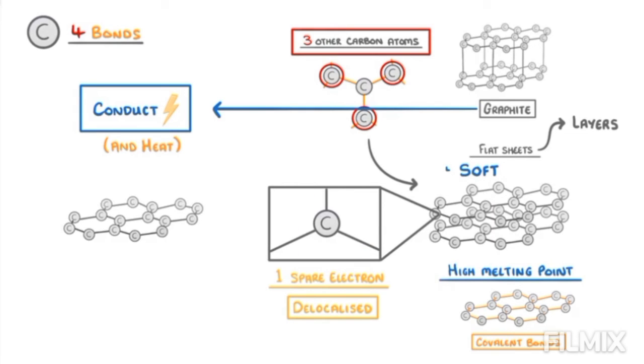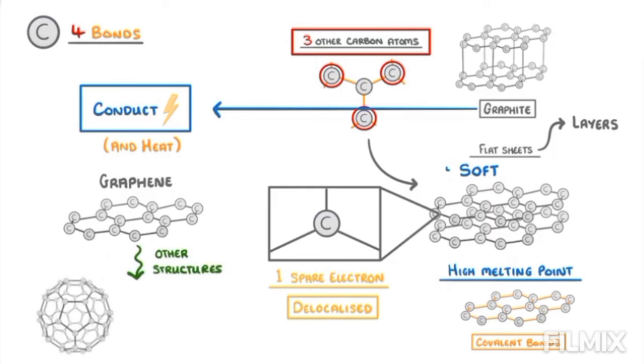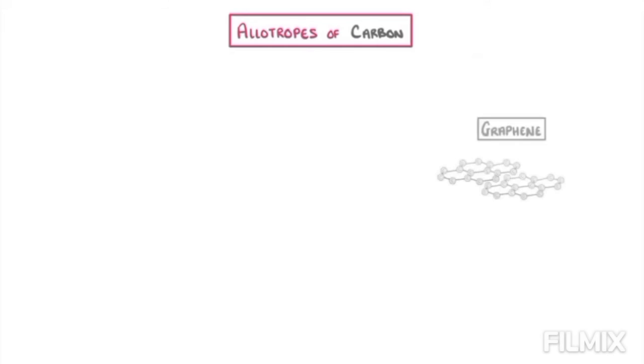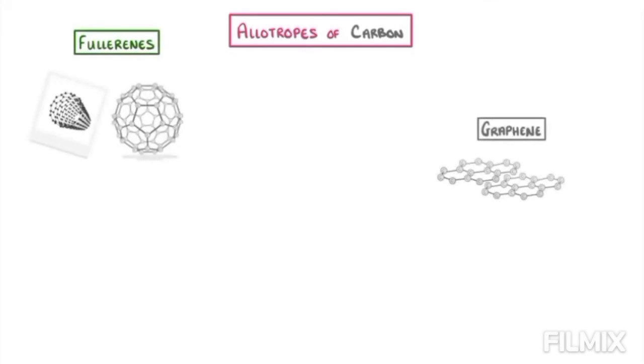Each layer of graphite is known as graphene, and from this graphene we can construct various structures known as fullerenes.